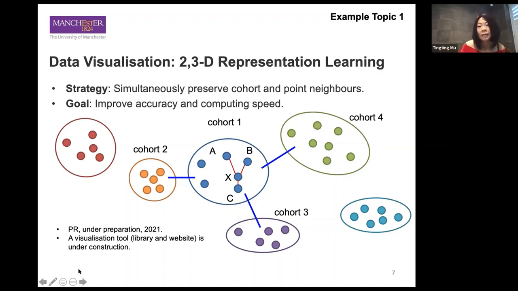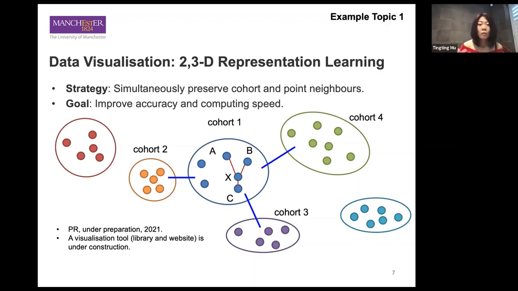The idea is straightforward, but in reality, when you are handling high dimensional data, and also data with fairly poor cohort separation, reaching a good preservation accuracy is challenging. There is a trade-off between the local preservation accuracy and the global preservation accuracy.